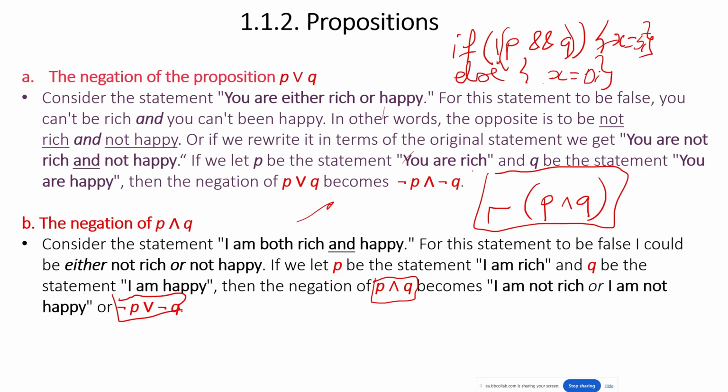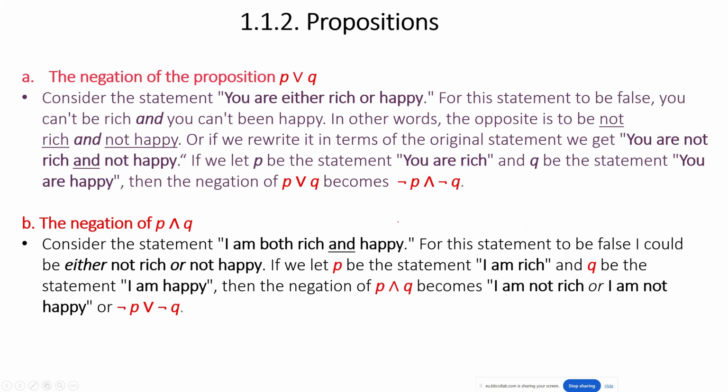So not (P and Q) is going to be exactly not P or not Q. The negation of the and becomes or, and the negation of the or becomes and. That's the idea, and this is sometimes a struggling issue for students.